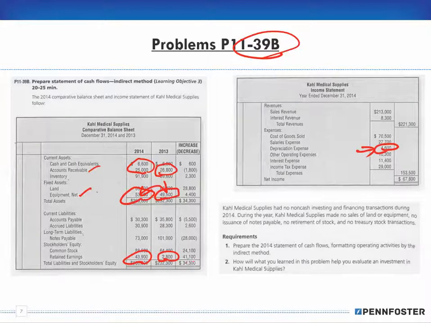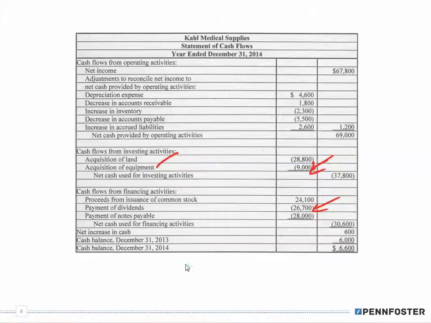Your net increase was 41,100, and then you also have to add in your net income. And the difference ends up being the 26,700, which is the number that you end up using on your statement of cash flows.